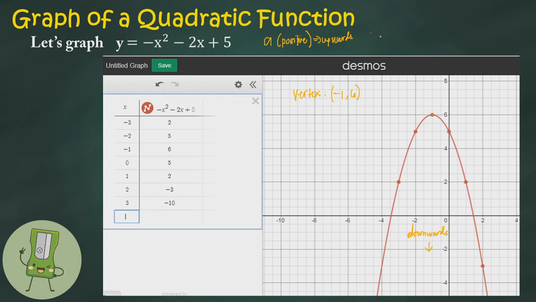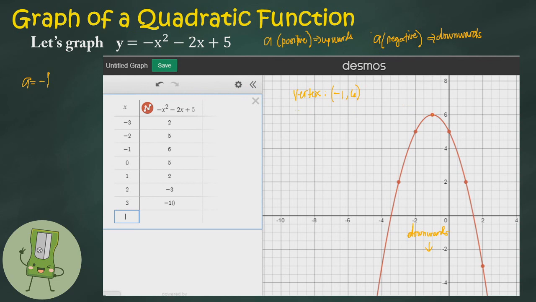But, if the value of our coefficient A is negative, then our parabola will be opening downwards. Kaya, the graph of this quadratic function is opening downwards because the value of A is negative 1.